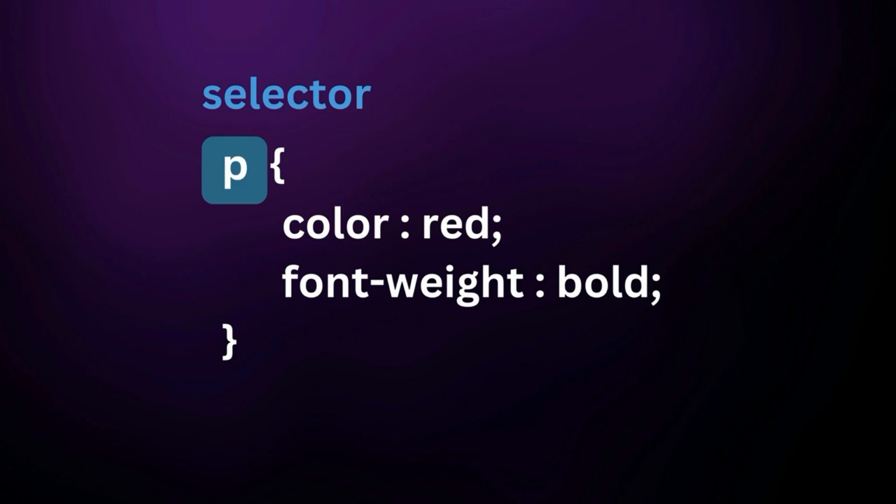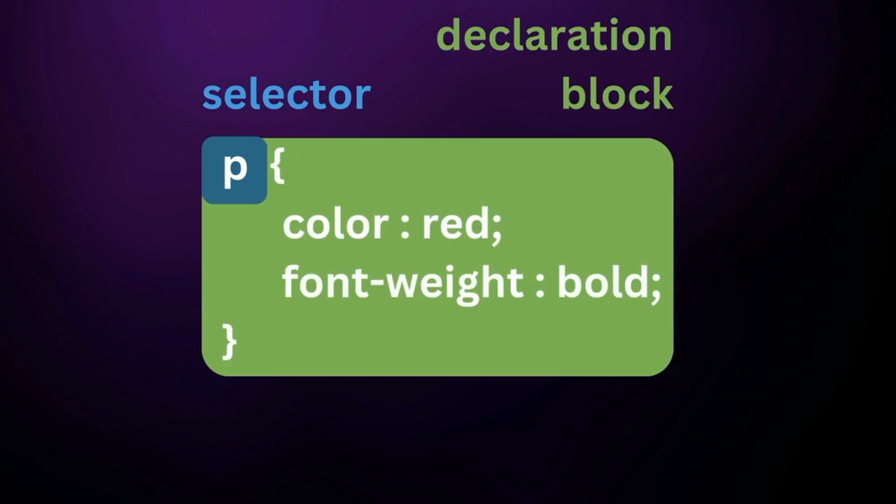In this case, we want to change all of our paragraph elements, represented here by the P. We then have the declaration block, and this is represented by the brackets we can see over here and over here. So we have the opening bracket and the closing bracket, and all of the properties inside are going to be the declaration block.